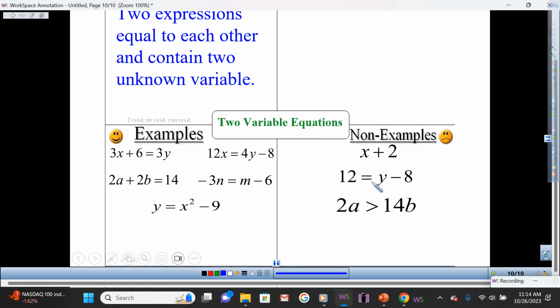Doesn't have two variables. How about the third one? No equal sign. It's got an inequality. So what would we call this one? Tell your neighbor.